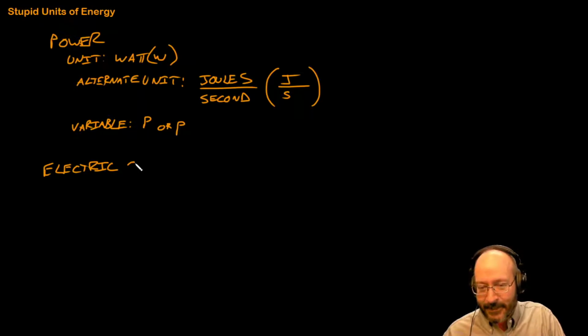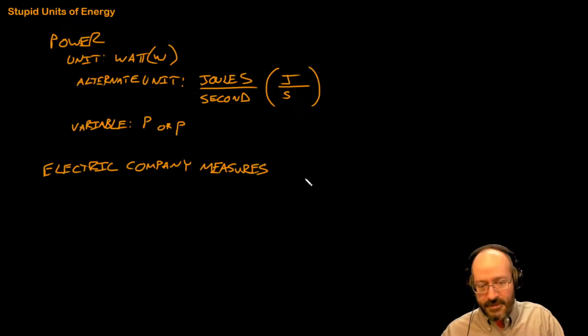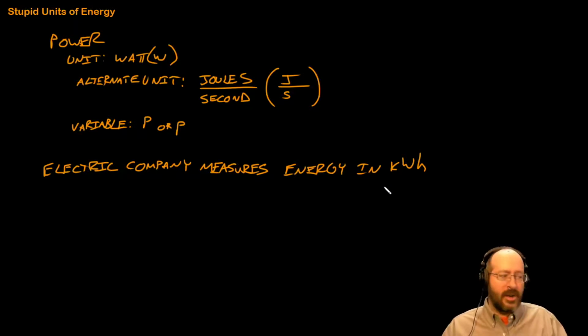So the electric company, Eversource, or what used to be CL&P, or Alabama Power, or wherever you're listening to this, whoever generates your electricity for you, measures energy in kilowatt hours. So the kilo, we kind of know what's going on there, but watt hours is strange. It's almost related to joules.